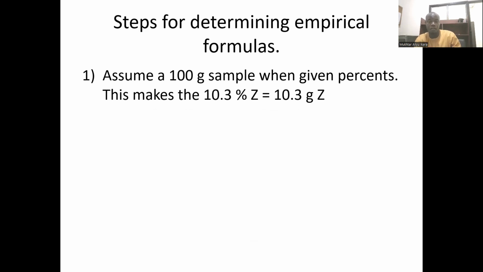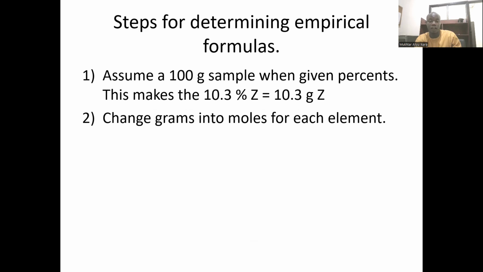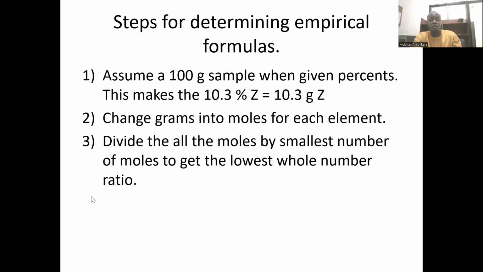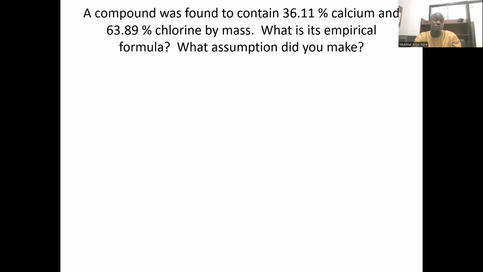If it's given in gram, you change the grams into moles for each element, and then you divide all the moles by the smallest number of moles to give the lowest whole number ratio. Then you write the empirical formula.